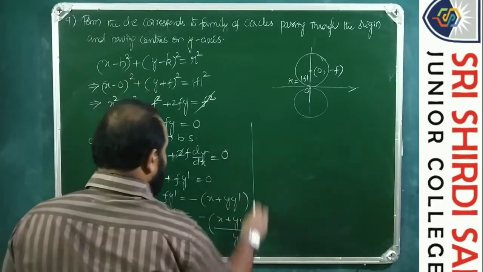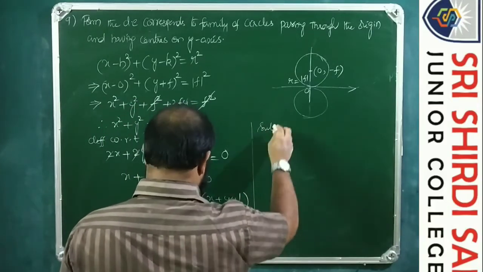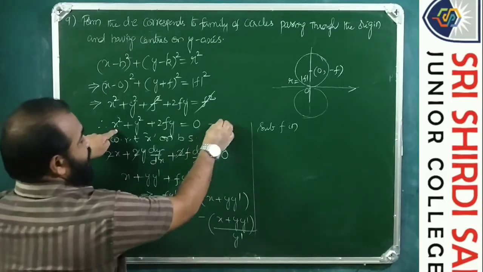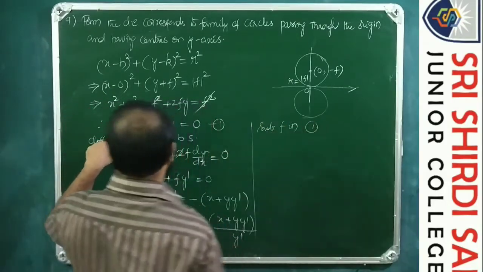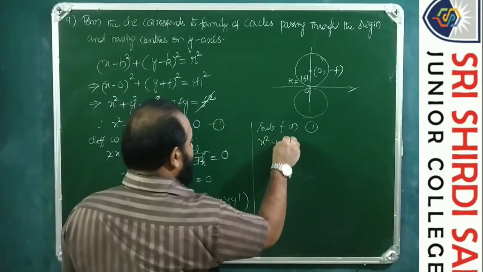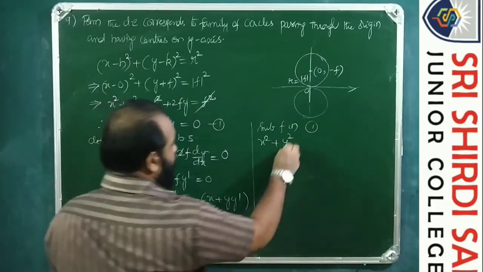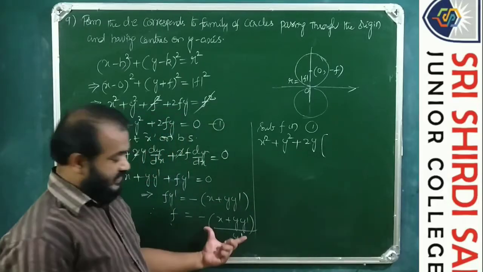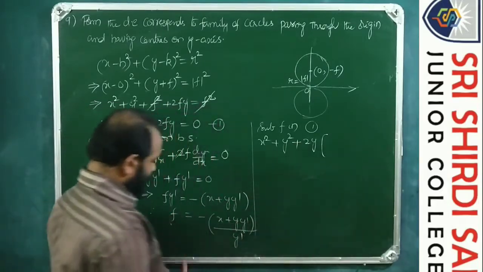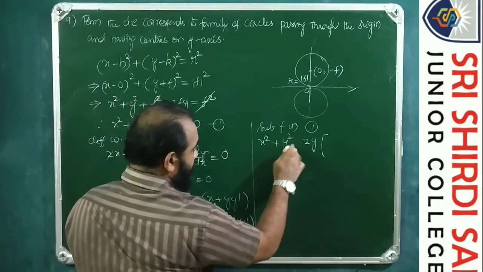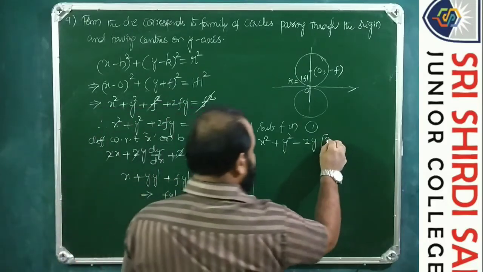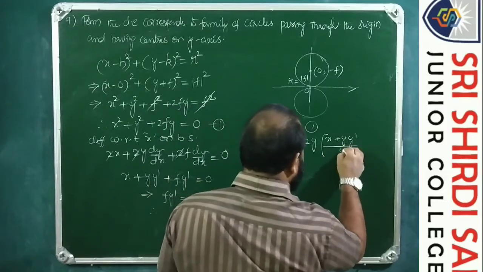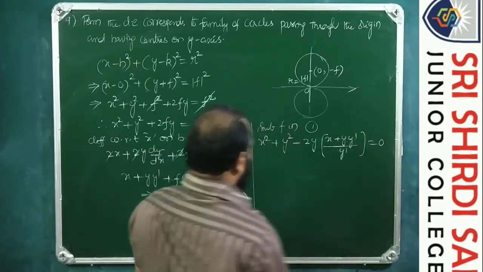Now substituting f in this one, x² + y² + 2y into the f value, which is minus (x + y y') by y', equals 0.